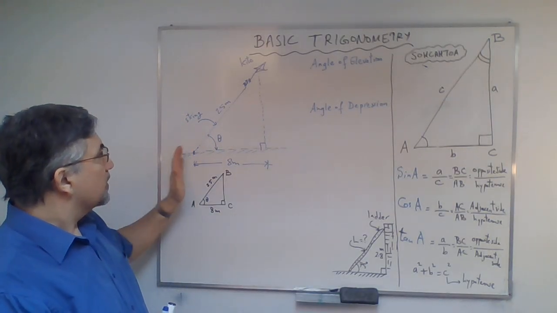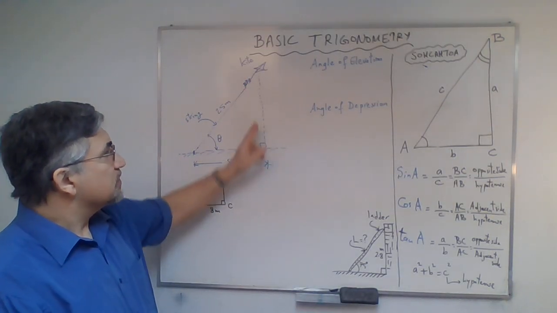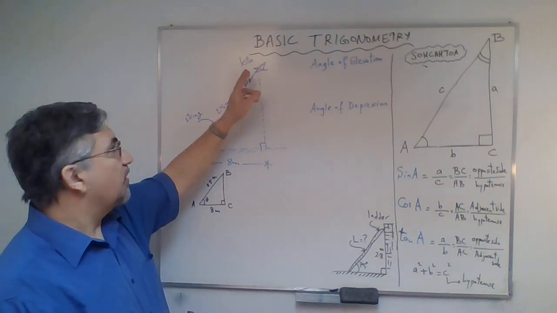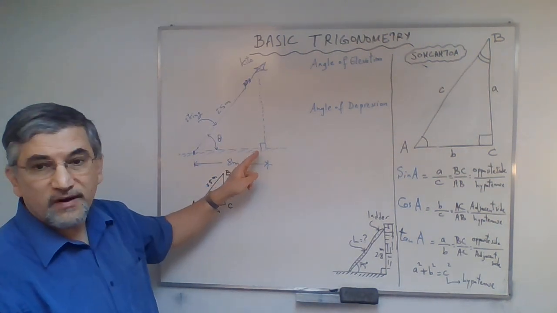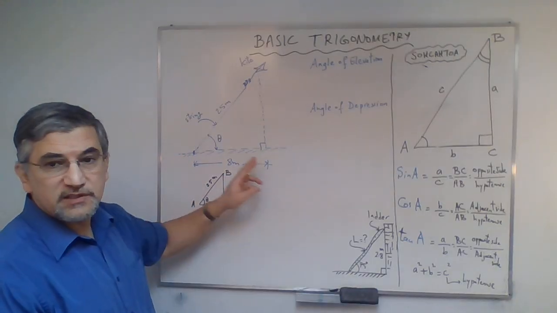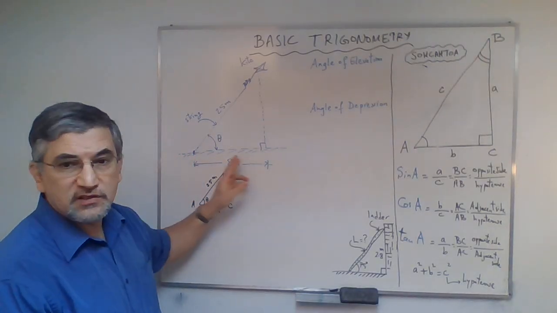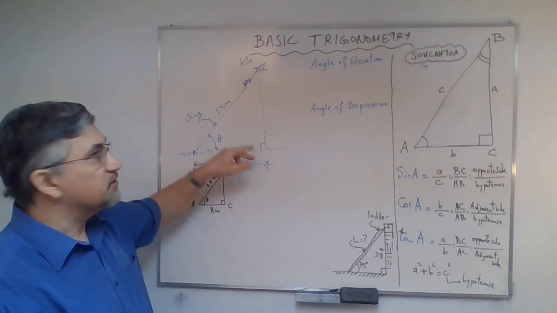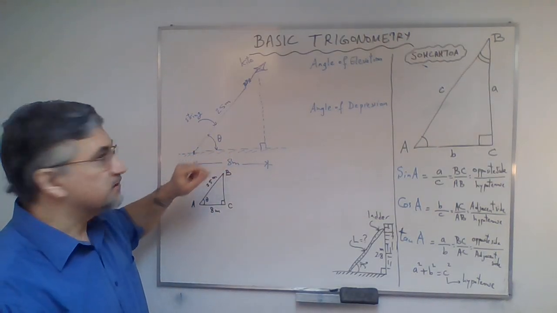If you consider the vertical line from the kite down to the ground level, the person is standing at a distance of 8 meters from that foot of the perpendicular that is dropped from the kite.